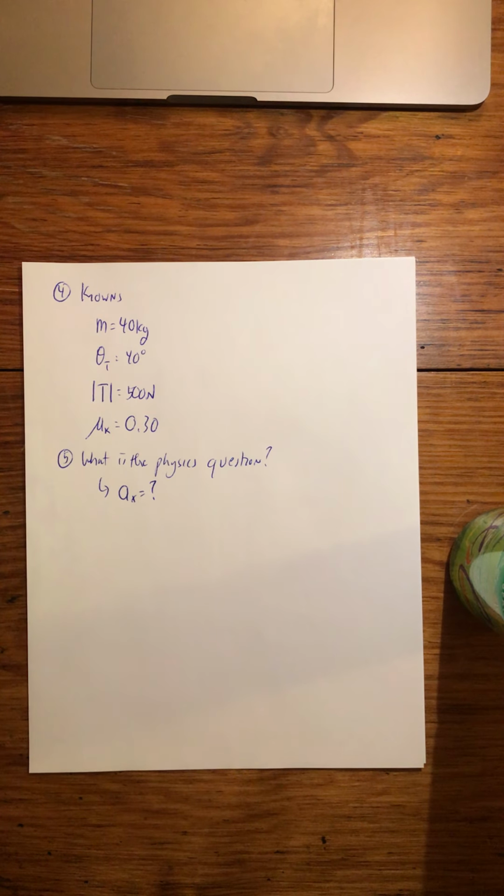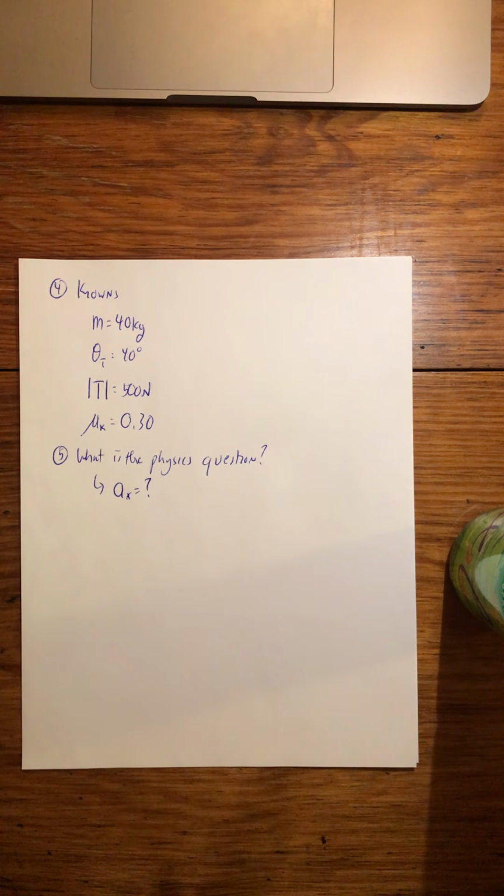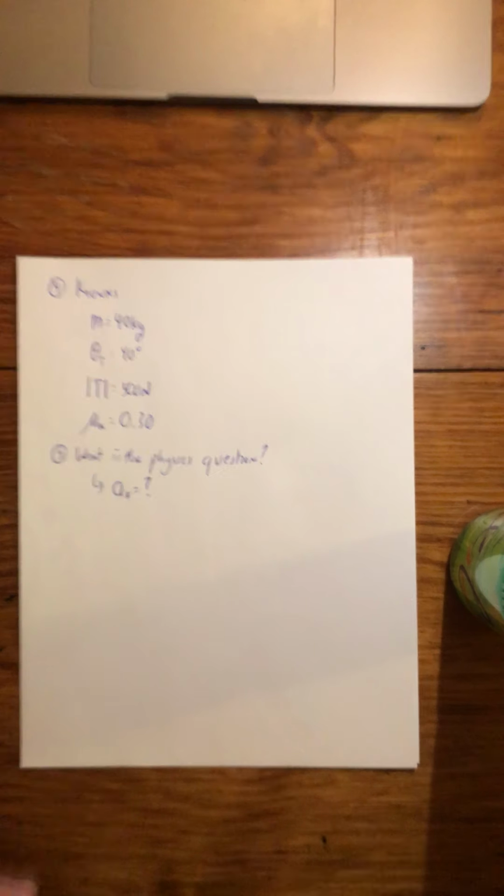Just common sense tells us that. When you're pulling something along a slope, unless you're an idiot, that thing doesn't come flying off the ground or go sinking into the ground. So I want ax. That's what the physics question is. Sometimes the physics questions are a little bit more complicated based on the type of problem that's asked, but we should always have a moment when we stop and ask the physics question.